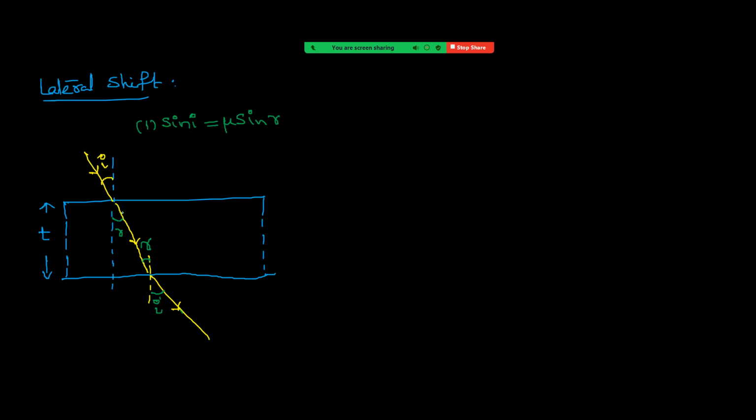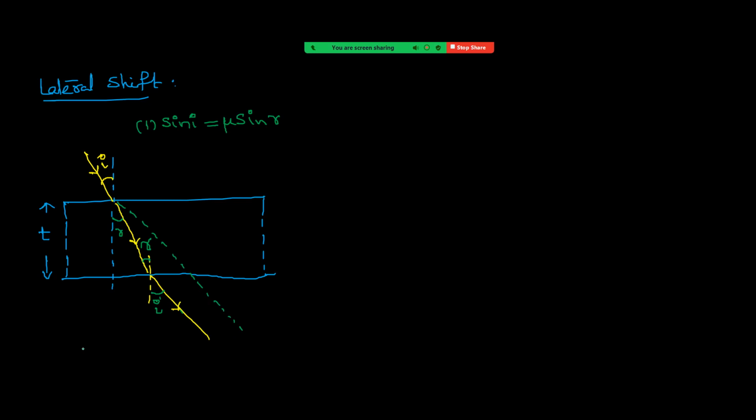Let me draw a diagram here. If there is no slab, this light ray is supposed to continue along the same path. Now this emergent ray is parallel to the incident ray.